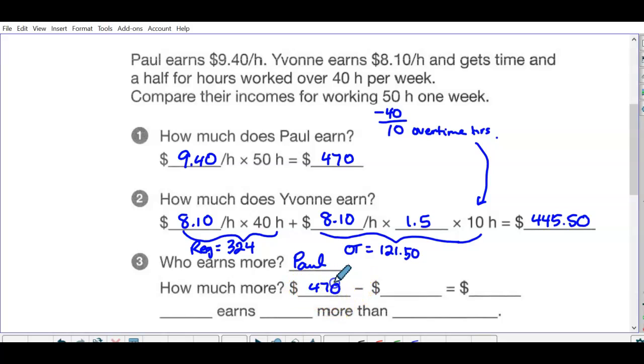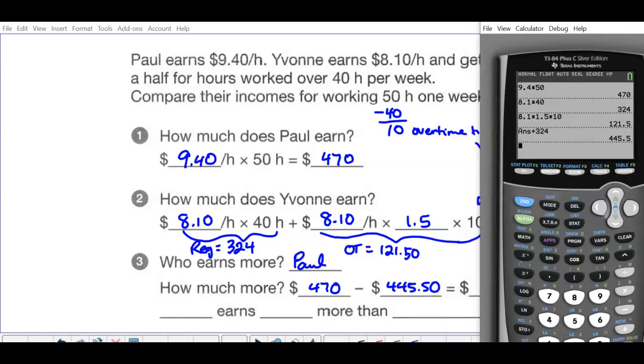Okay, so we want to take the highest minus the lowest. Okay, and again, if you have it in your calculator, so you can go 470 minus this value, or in a graphing calculator like this, you might be able to copy it out. Even an older version of a TI, if you're just wanting to use the last entry, the last answer, then you can go second negative, which is answer.